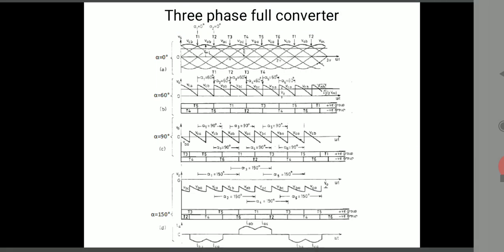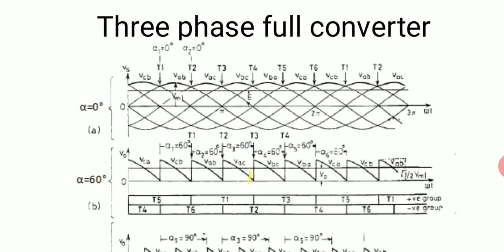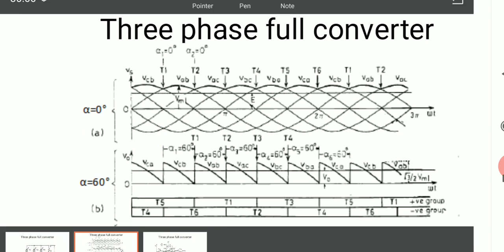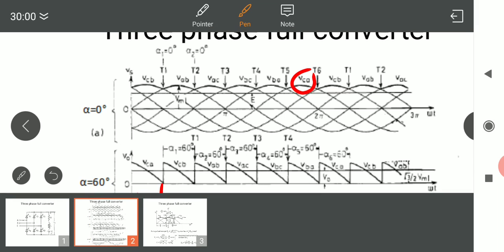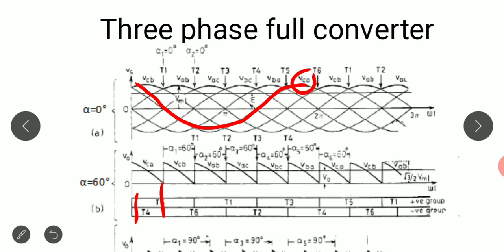Just our task will be to check VCA voltage in this duration. In this duration we have to check VCA voltage. Where is VCA voltage? VCA voltage is this. This is VCA voltage. Let us retrace it. This is VCA voltage. Okay.